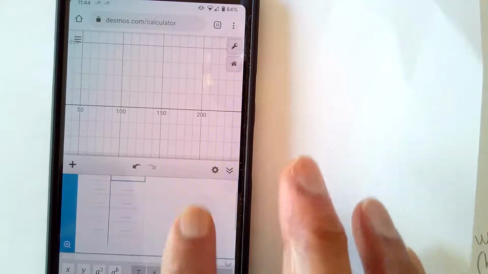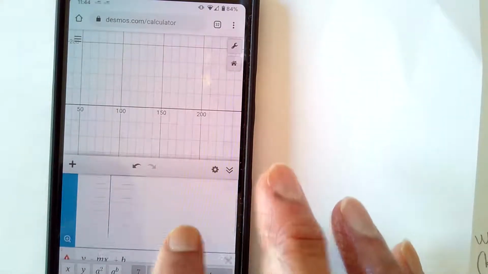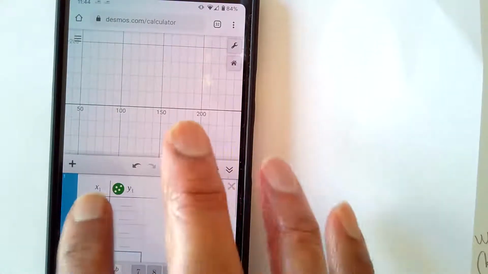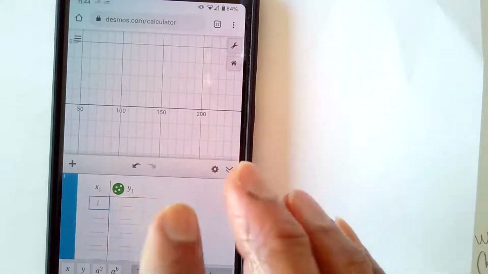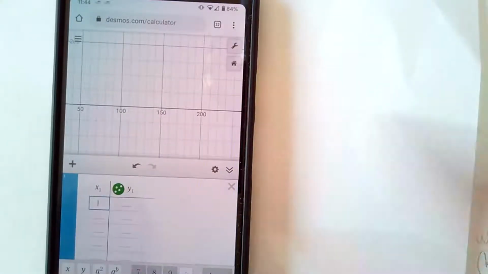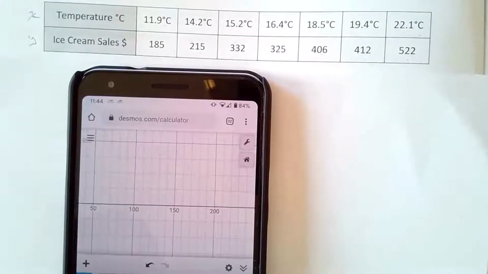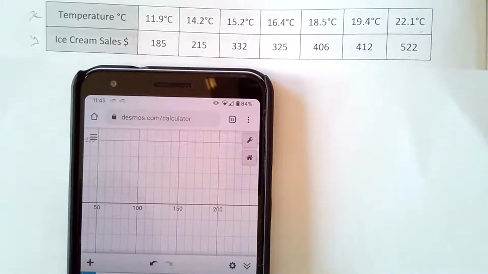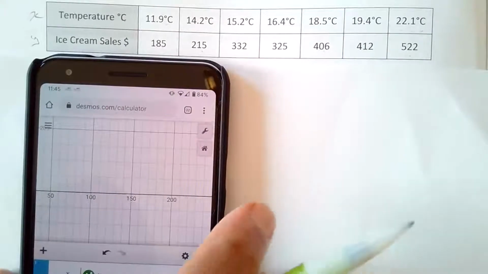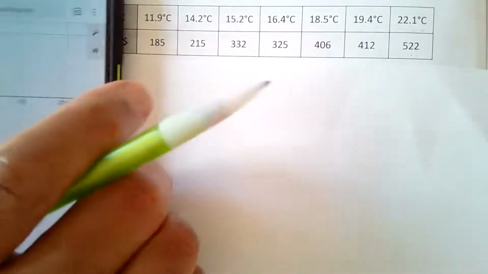Okay, so now my table is all clear. Now I'll enter my data for my question here. So I'll go ahead and enter that set of data.